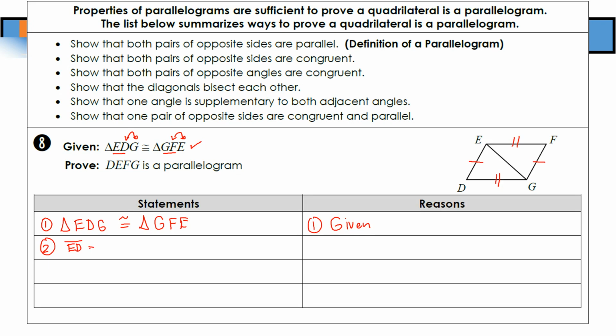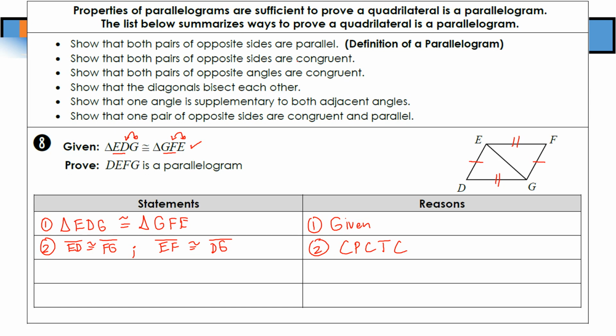ED is congruent to FG. Then put a little colon. We can say EF is congruent to DG. And that's because corresponding parts of congruent triangles are congruent. Because we knew these two triangles were congruent, we know that their corresponding parts are congruent. And we can basically finish the proof here.